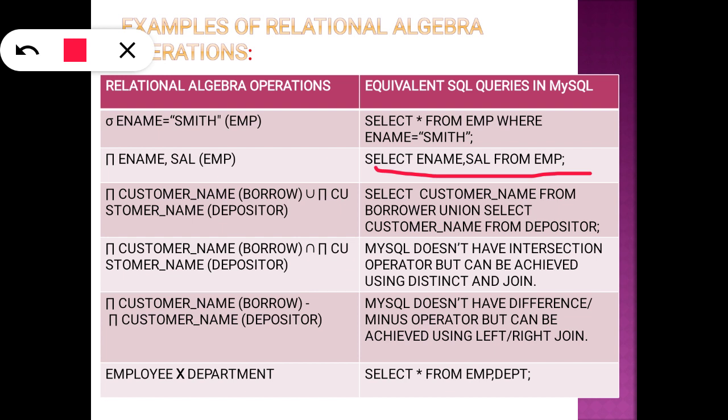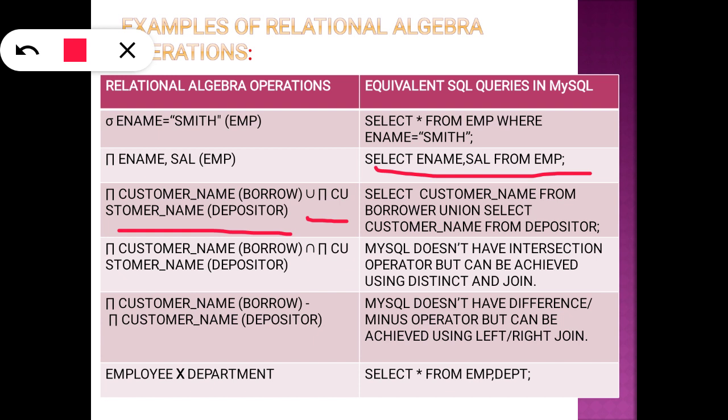Now you can understand the union also. See, pi customer name borrow means you are selecting customer name from the borrow table, union pi customer name from depositor table. Now you are making a union operation in relational algebra.